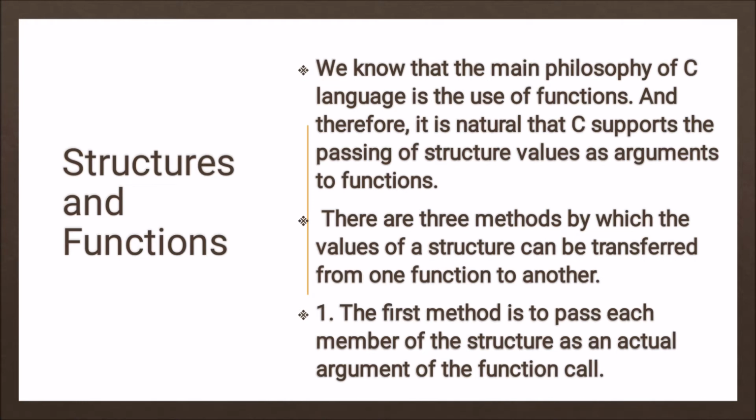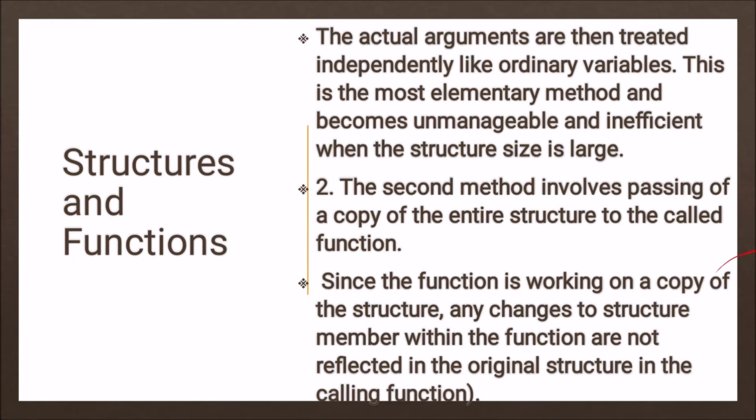So the first method is to pass each member of the structure as an actual argument of the function call. Now in the previous topics of C, we covered what is function, what is call by value, call by reference, how to pass actual argument. The actual arguments are then treated independently like ordinary variables.